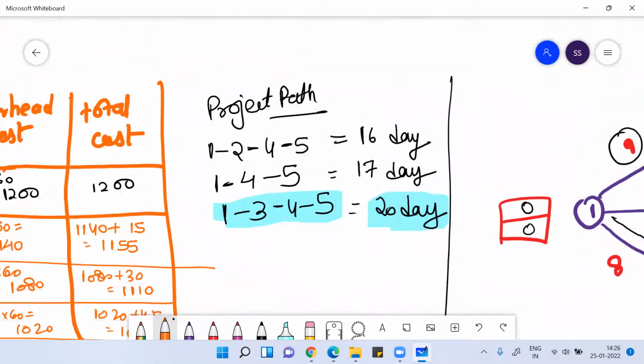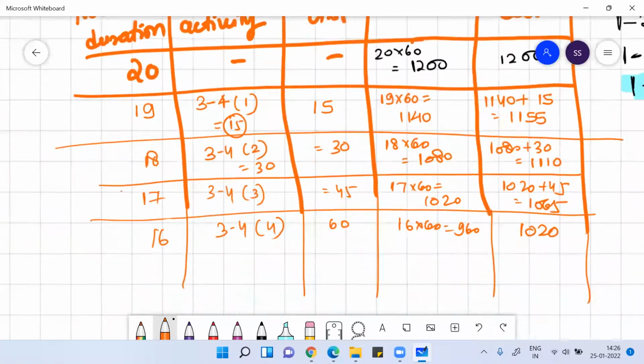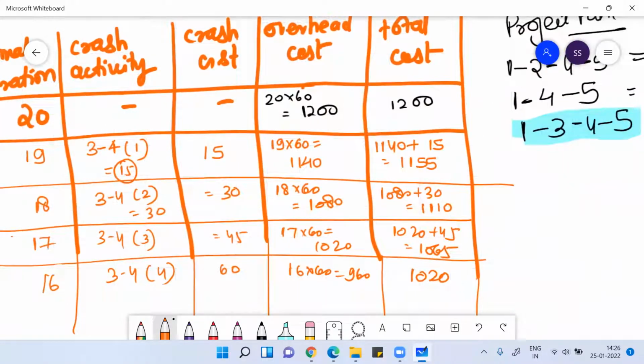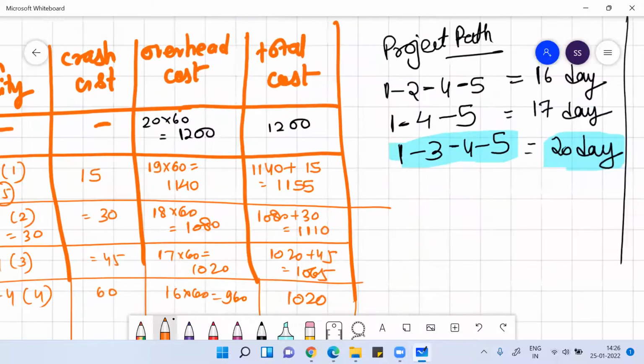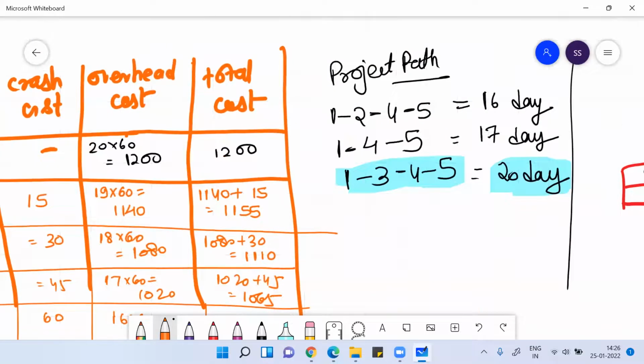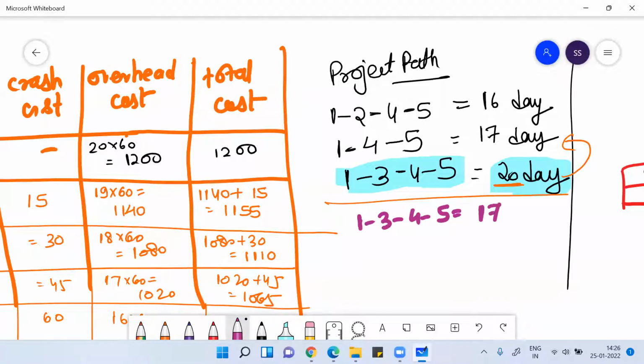But guys, one thing you notice: the moment you crash it till 17 days, what will happen after that? You have 1, 3, 4, 5, where the total duration is 17 days.